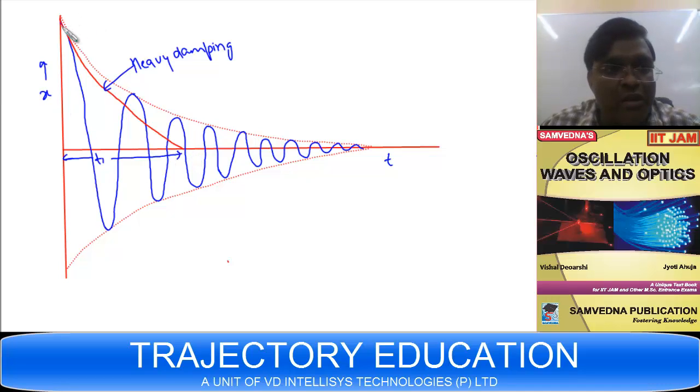In case of critical damping, it will be less. It will come back in a small time. This will be the time taken in case of critical damping.